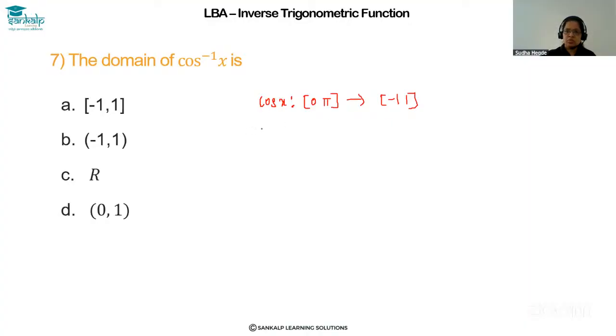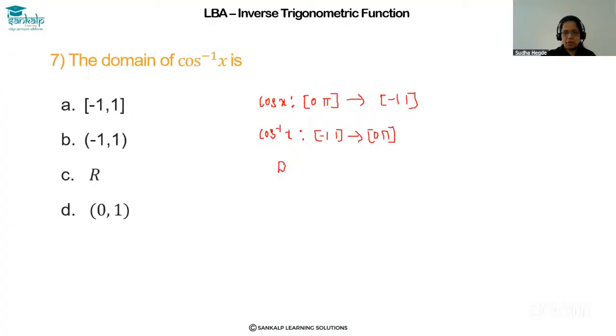So cos inverse x is defined. Can you tell me from where to where? Just interchange it. Minus 1 to 1 to 0 to pi. Can you tell me what is the domain now?